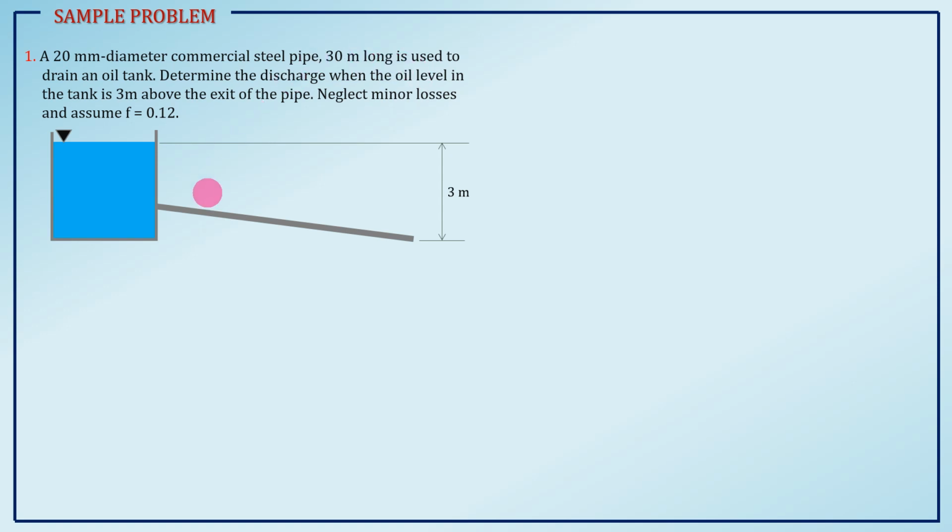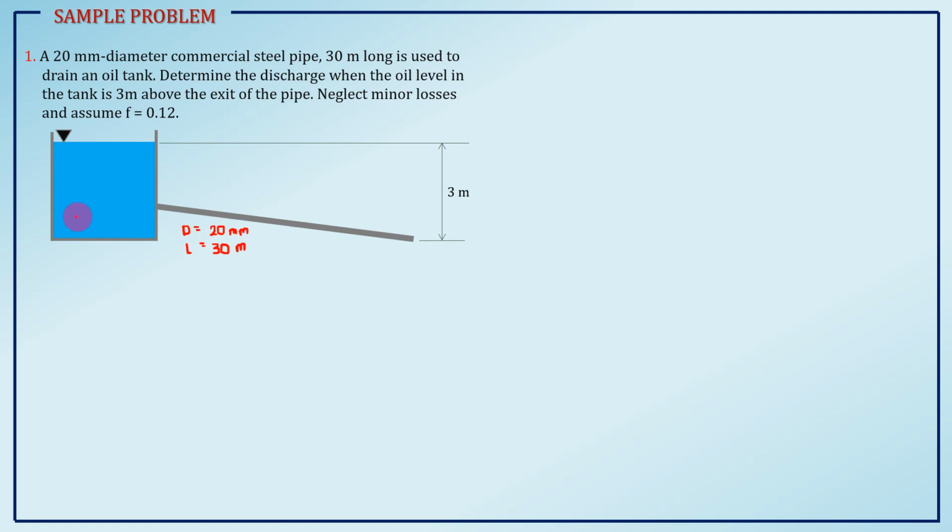The pipeline has these properties: diameter 20 mm, overall length 30 meters. The oil level in the tank is 3 meters above the exit of the pipe, which is the head of the oil here.